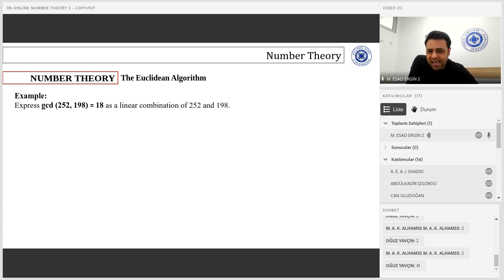We are going to do the same procedure, but please remember that it doesn't matter the order of these two. We always start with the greater one, which is 252 equals 198. How many times we have 198 here? It is 1. And plus, what is the remainder here?